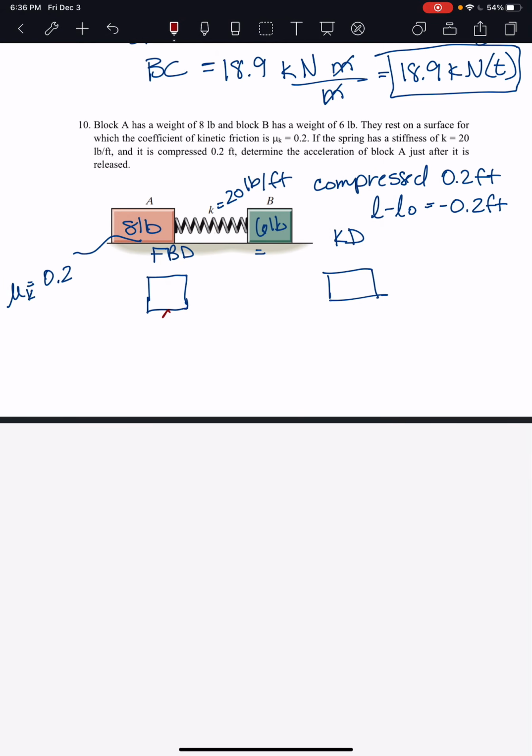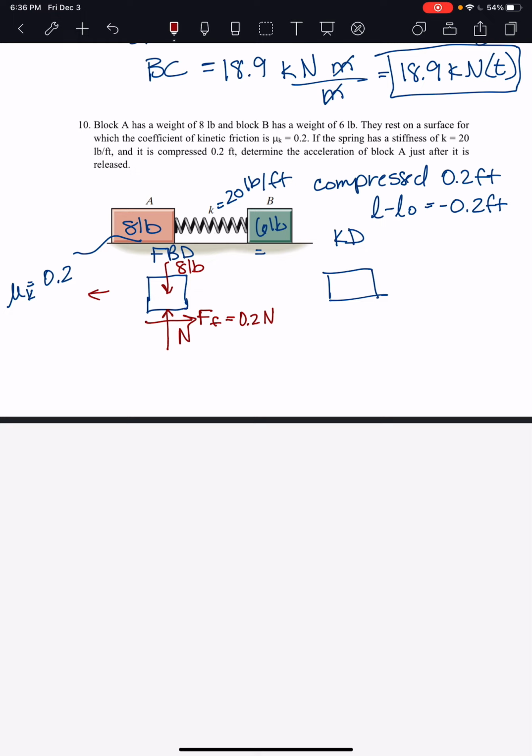So we have our normal force, and then we'll have the weight, which is 8 pounds. So the spring is compressed, so when the spring's released, it's actually going to move in this direction. So that means the force of friction is going to be opposite of that. So force of friction, which is going to equal that 0.2 times N. And then we also are going to have this force of the spring.